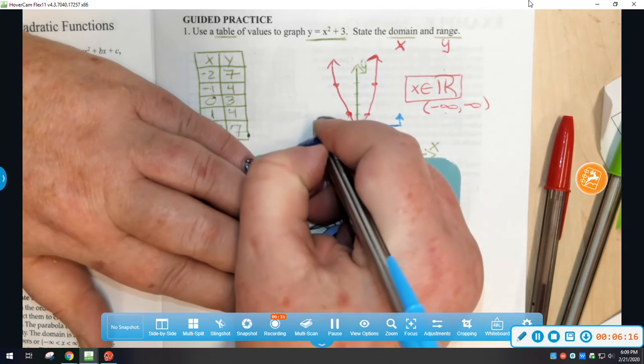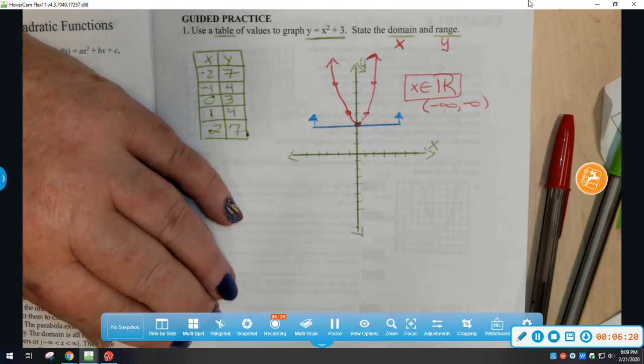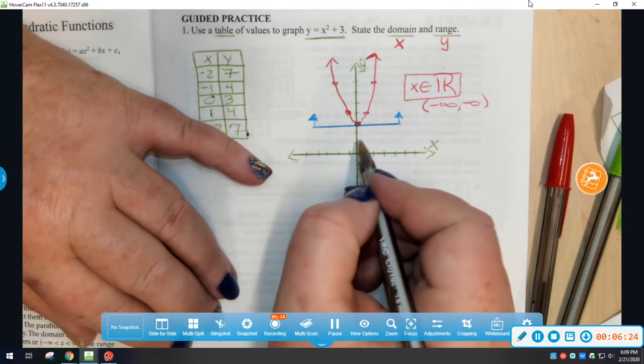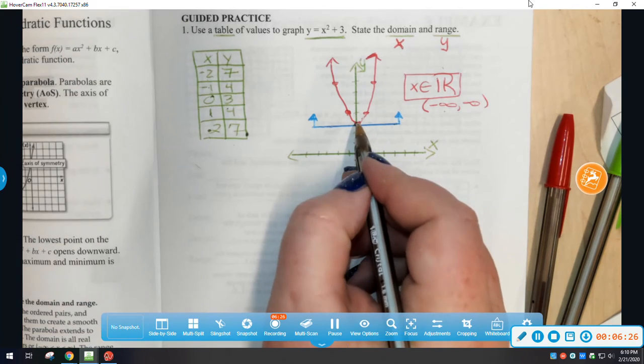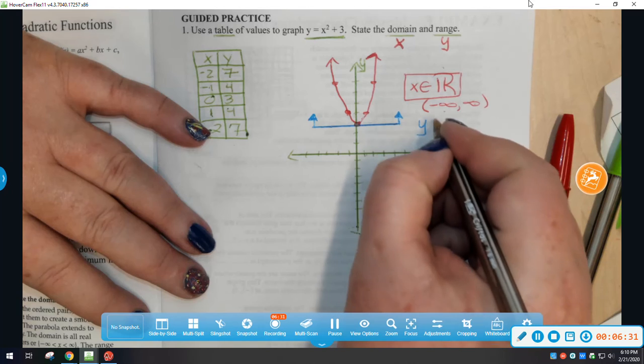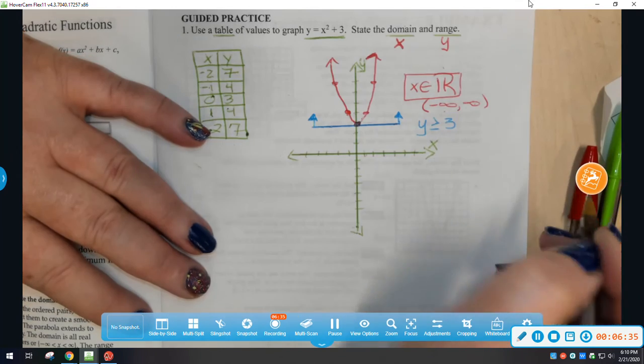Up. Up. My graph exists above this y point. So just ask yourself, 1, 2, 3, what is that y point? That's y is equal to 3. So our range is y is greater than or equal to positive 3.